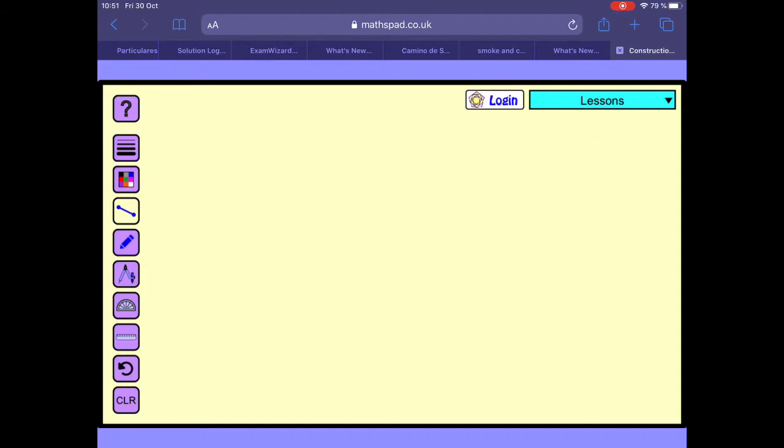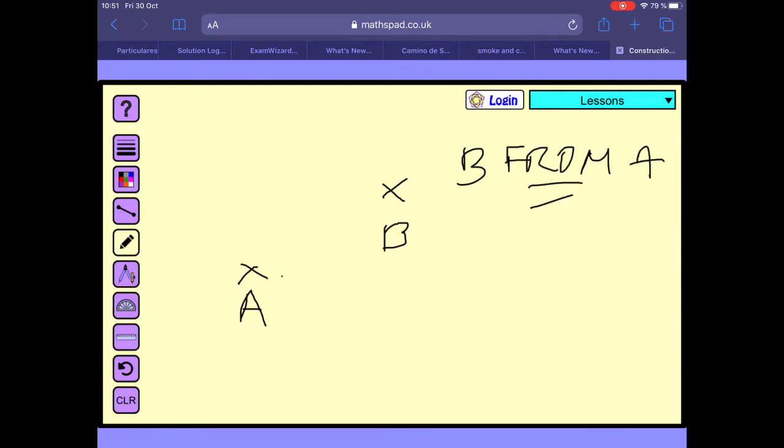That erased everything. All right, here we go again. So, A is there. B was somewhere here. It was B from A, and we said that "from" was the most important word. Then at A, I'm going to draw the north line.